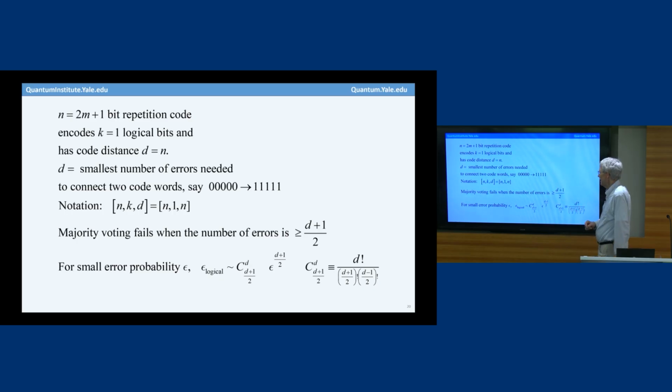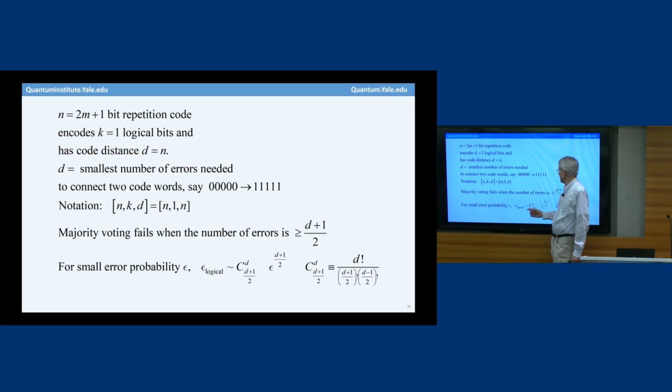Now, when you have 5 bits, with the majority you can correct 1 bit or 2 bits flipping. But if you have 3 bits flipped, then the correct bits are now in the minority, and the majority voting is going to get the wrong answer.